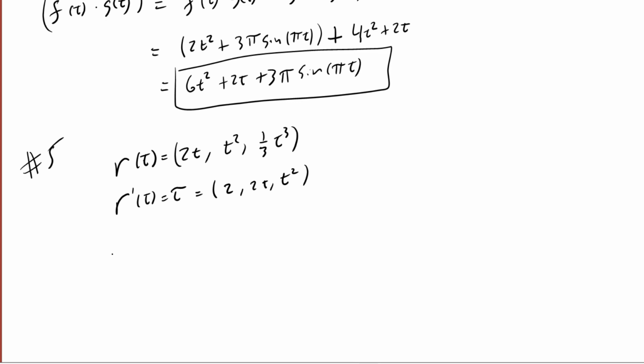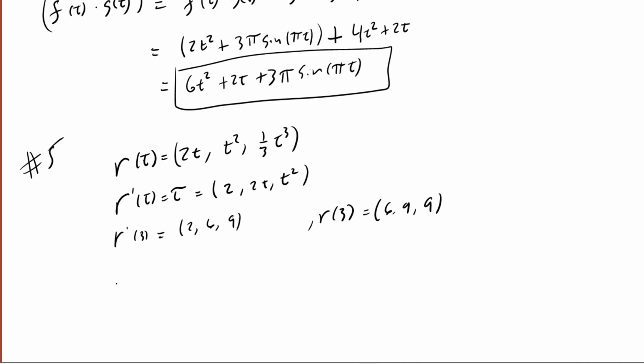Okay, and I'm interested in the point at t equals 3. So r prime at 3 is (2, 6, 9). I also need a point on this tangent line. This is the tangent line, so it barely touches r when t equals 3. So I know that r of 3 is going to be the point that I want, which is (6, 9, 9).